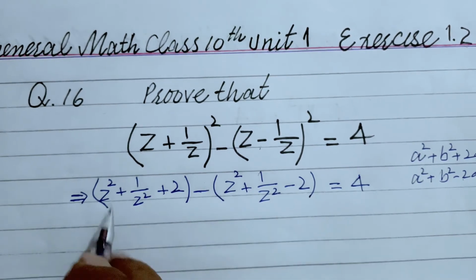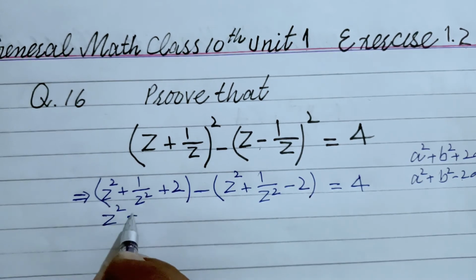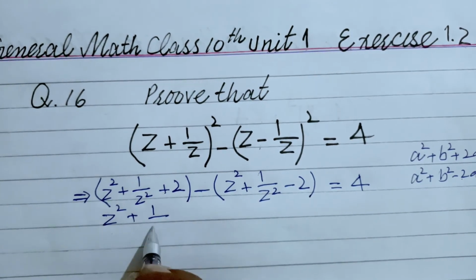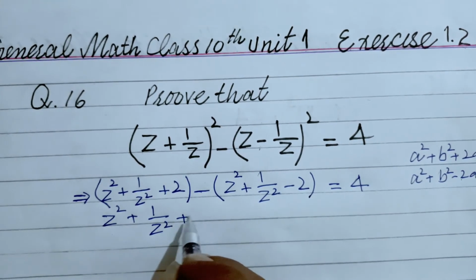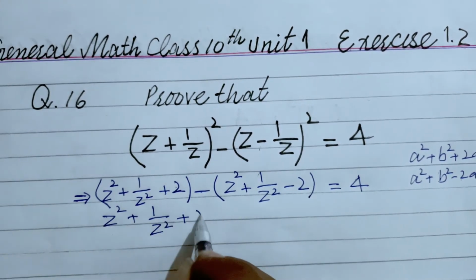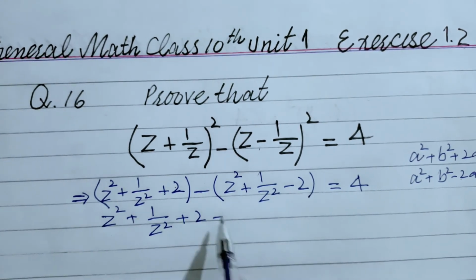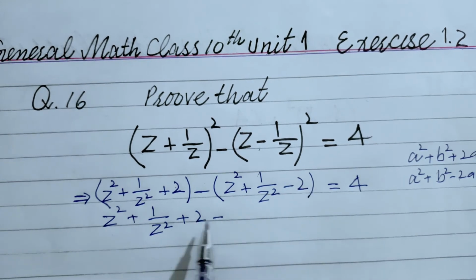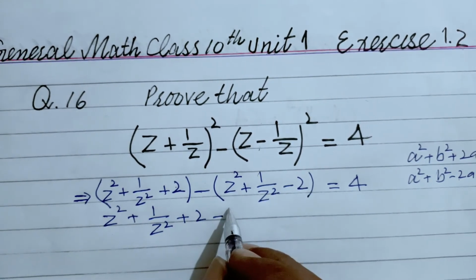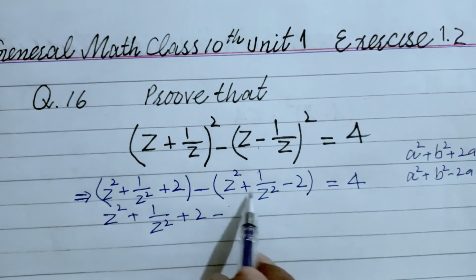Now we open this bracket: z square plus 1 over z square plus 2, minus. If there is a minus outside the bracket, the symbols in the brackets will be changed.